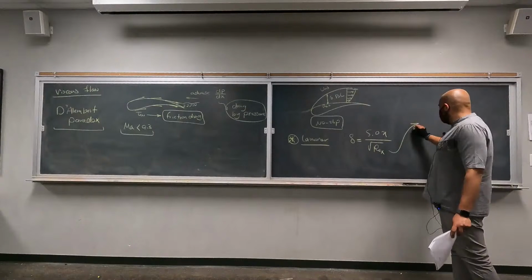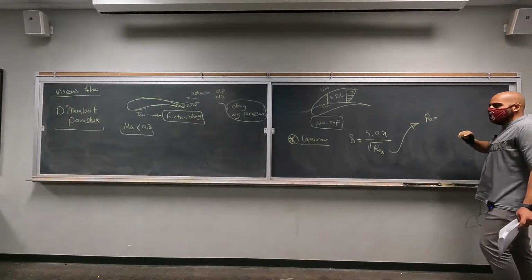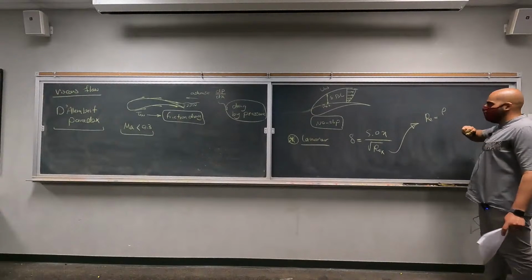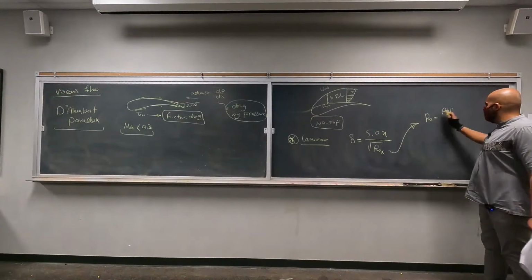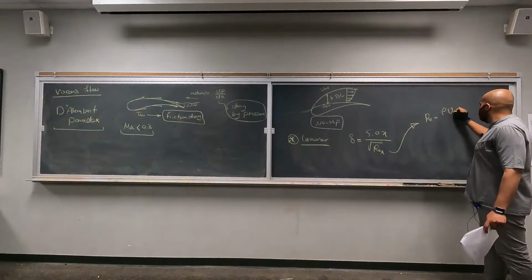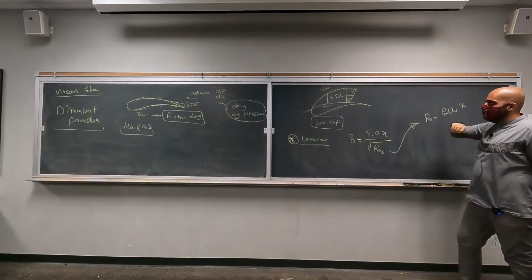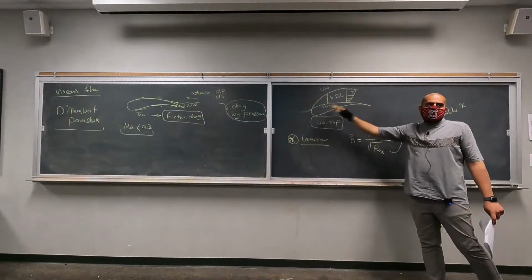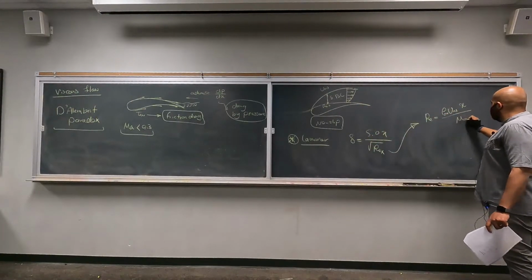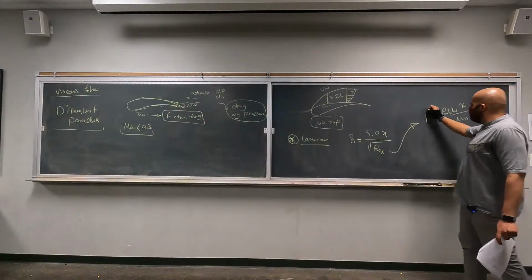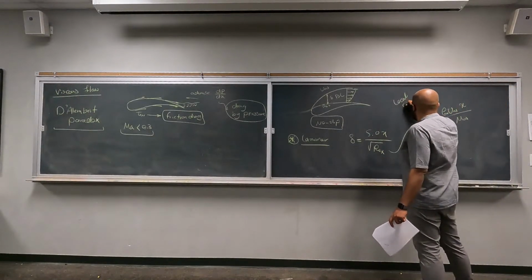Exactly. Reynolds number on a flat plate is a dimensionless parameter that can be calculated by your free stream density, rho, free stream velocity, U infinity, and the location on the plate, or in this case, airfoil, x, divided by free stream viscosity, mu infinity. This parameter is called the local Reynolds number.